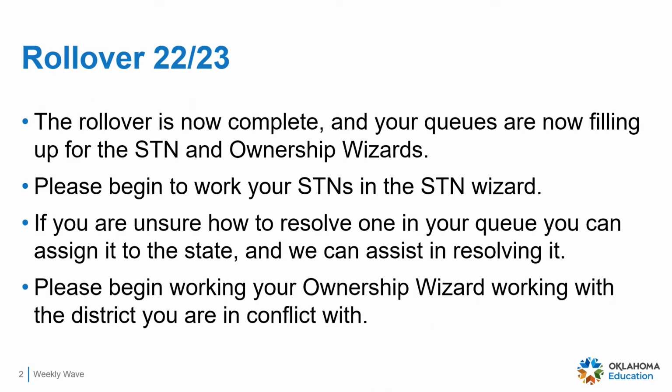On the STN Wizard, it's a new format, I guess. When it asked me if this is a new or out of state person, or if they've been to any other school, and I say no, there's no other place to go. What it does is send it to us to create a new STN. The system does not allow the districts anymore to create STNs.